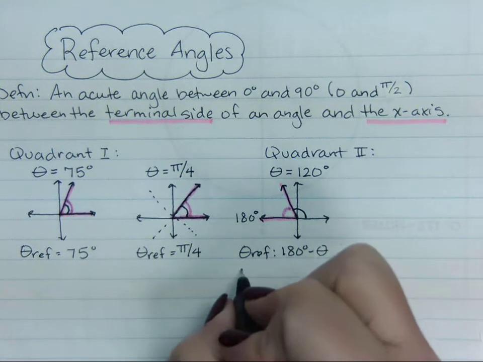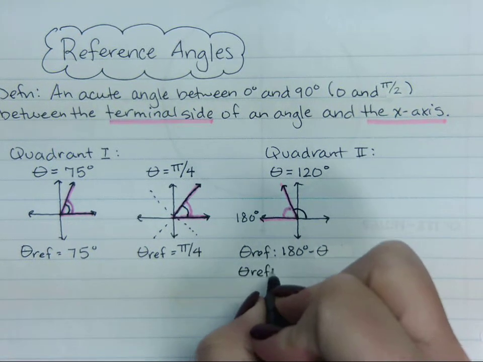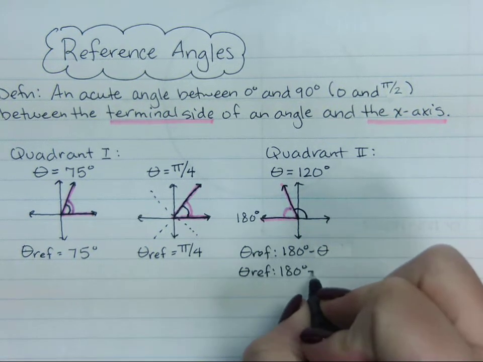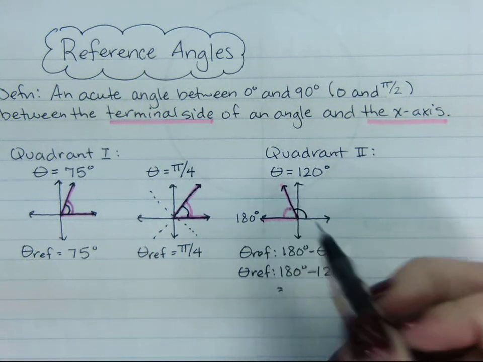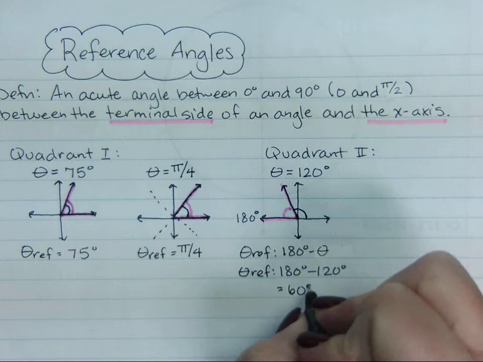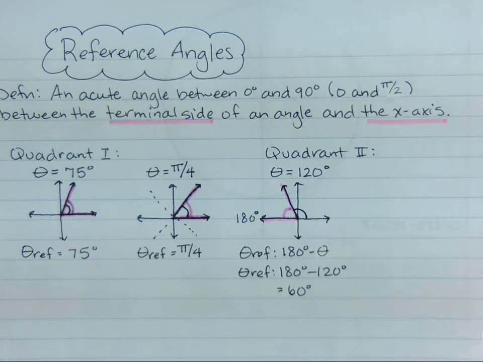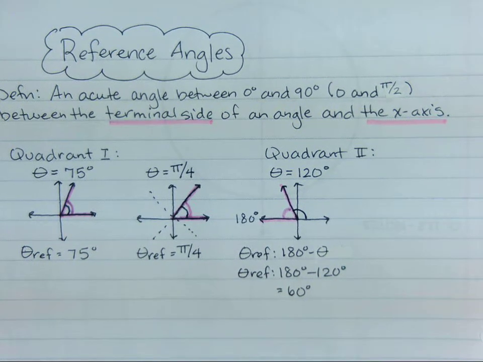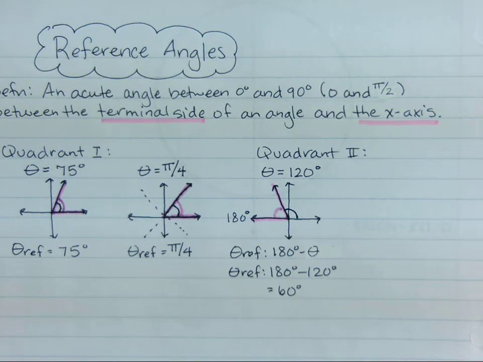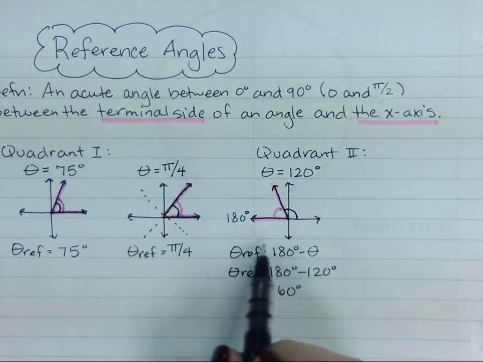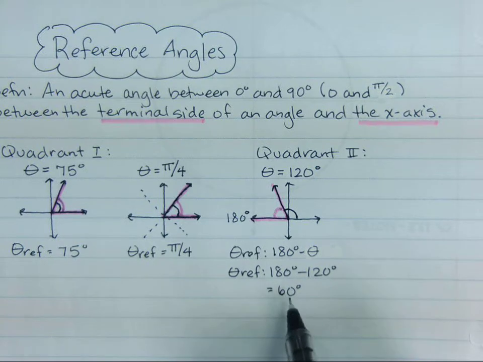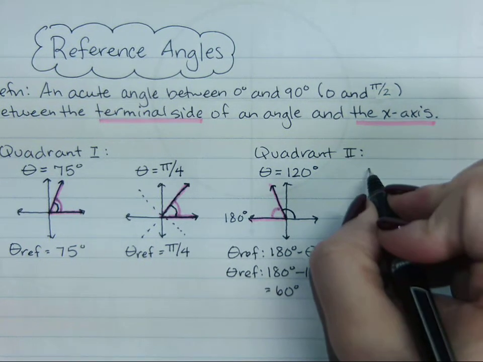And so in this case, specifically, 180 degrees minus 120 degrees means that the reference angle for the one that I'm given is 60 degrees. And again, that has implications as we move on to other aspects of trig. So right now we're just focusing on, I need a guide, something to figure out how am I going to know what that reference angle is for the future.